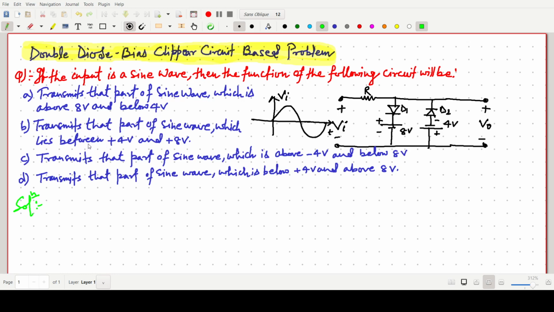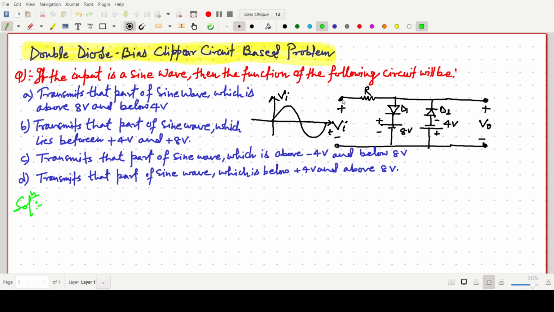The second option is that the output lies between plus 4 volt and plus 8 volt. The third option is to transmit that part of the sine wave which is above minus 4 volt and below 8 volt, and the final option is to transmit that part of the sine wave which is below plus 4 volt and above 8 volt.